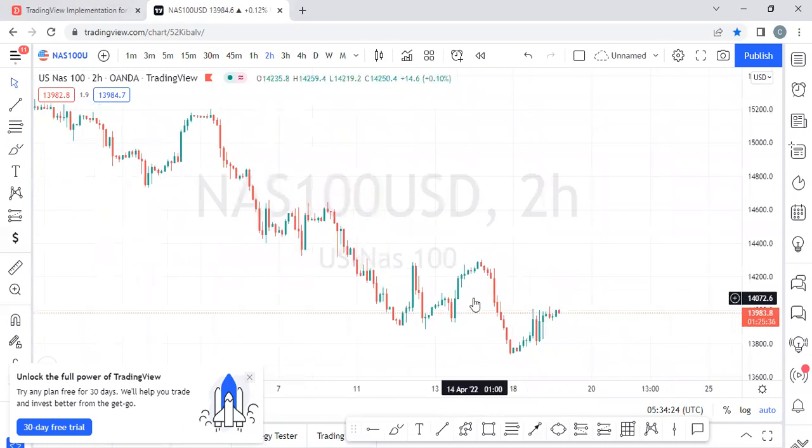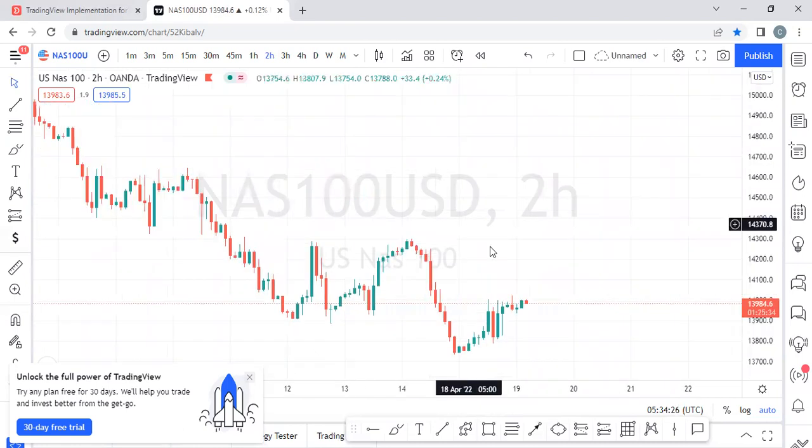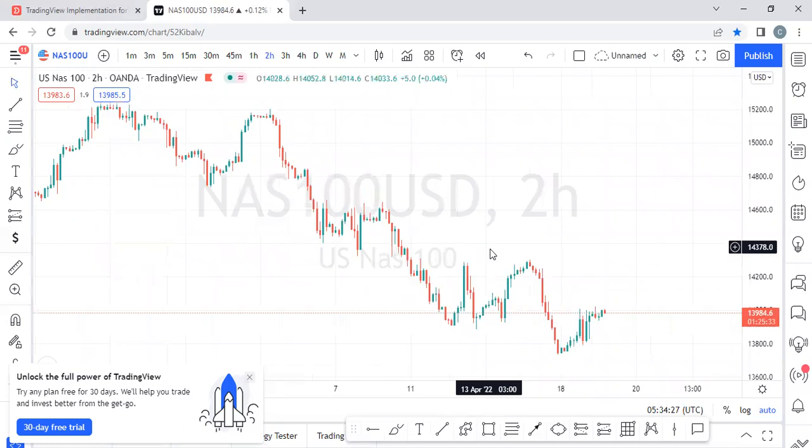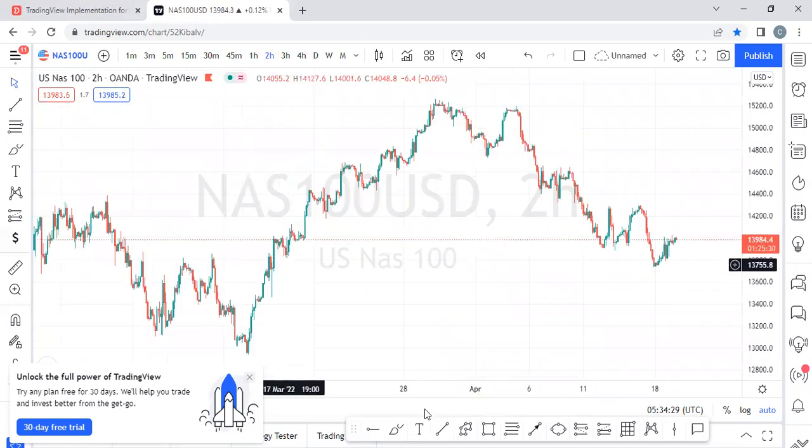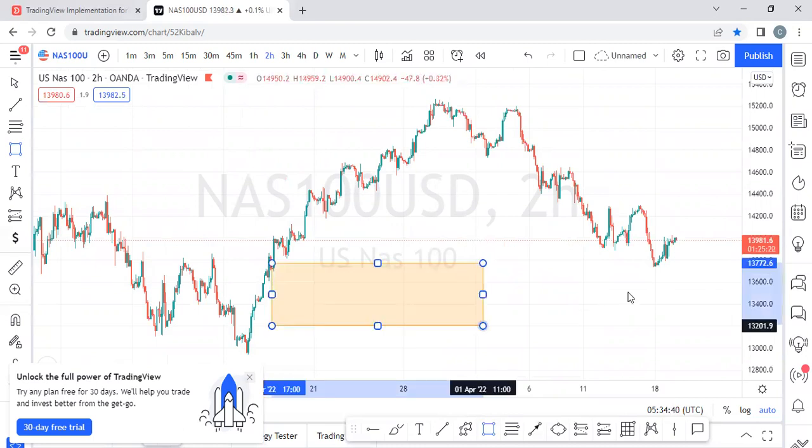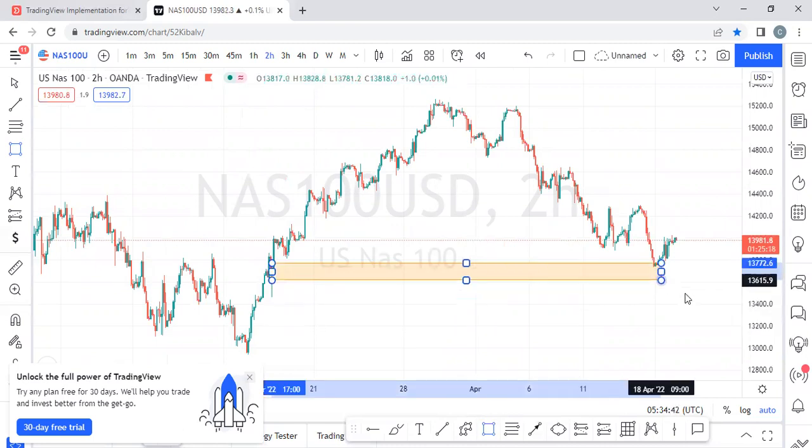Looking at this, we still have a 2-hour bearish structure. Trying to see if there's any zone of interest. This was mitigated. This is it, just trying to play this zone that's activated here.